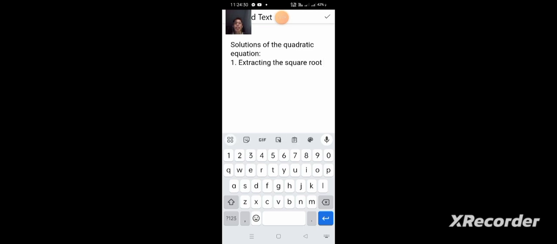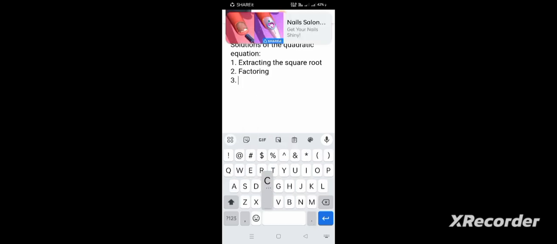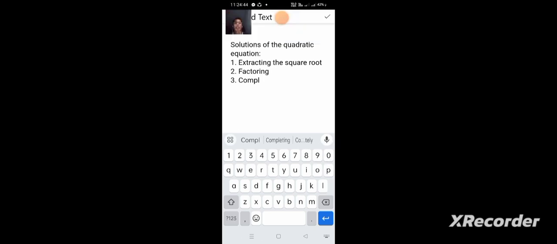The second is by factoring. The third is by completing the square. And the fourth is by the use of the quadratic formula.